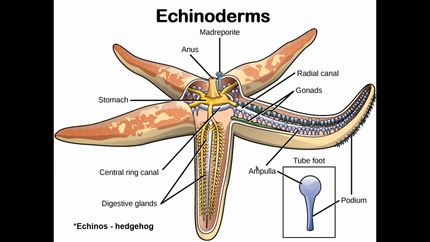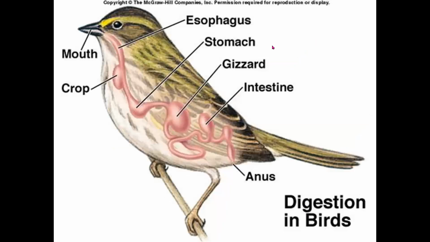But this is a different system again. Birds have a mouth, an esophagus, and they have a crop. Now, whatever they eat goes through the crop. When they're fairly young, they swallow small pebbles. The crop is very muscular.